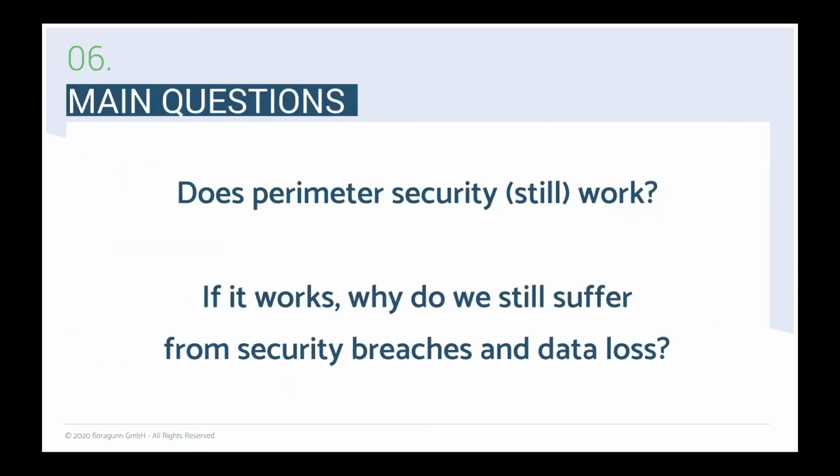So the main question that I have is, does perimeter security work, or does it still work? I mean, it has been around for some time. So at some point it was probably sufficient. But if it still works, why do we still suffer security breaches and data loss?